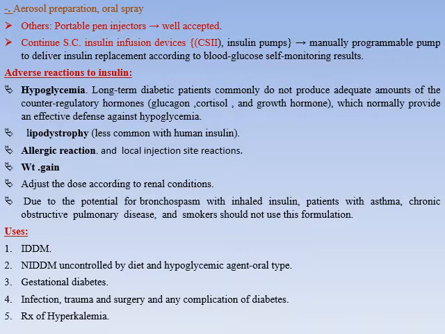Allergic reaction, weight gain, and also if the patient has renal disorder, try to adjust the dose. Also, it can cause bronchospasm, so avoid it in patients with asthma or obstructive airway disease.